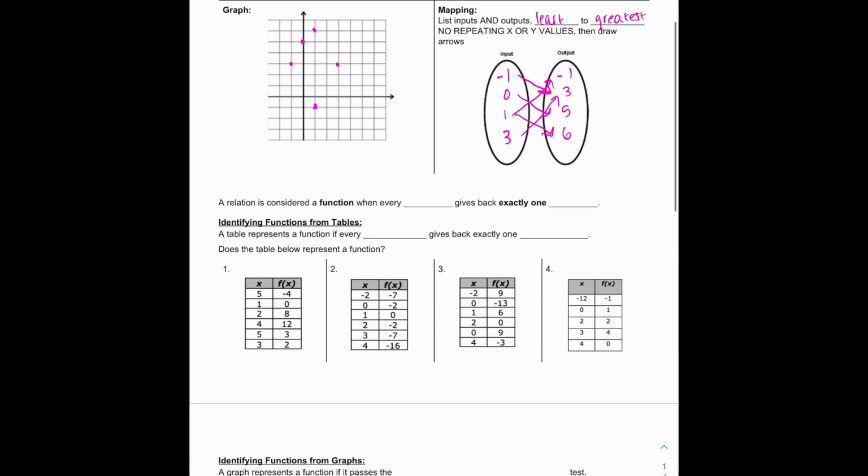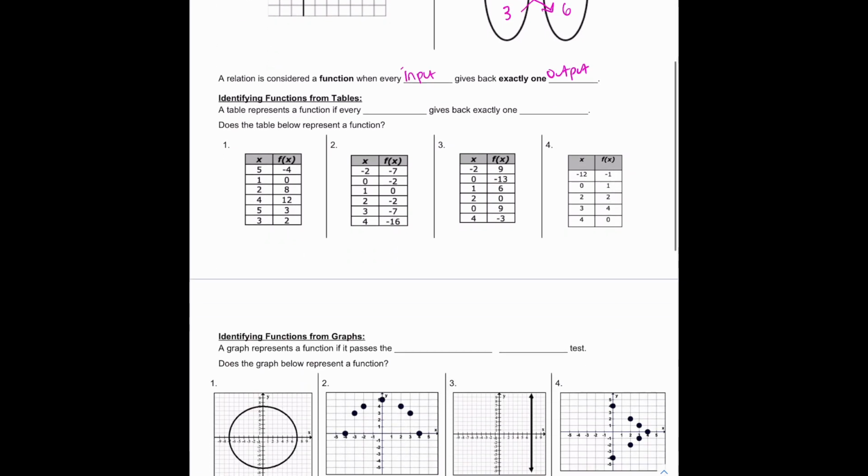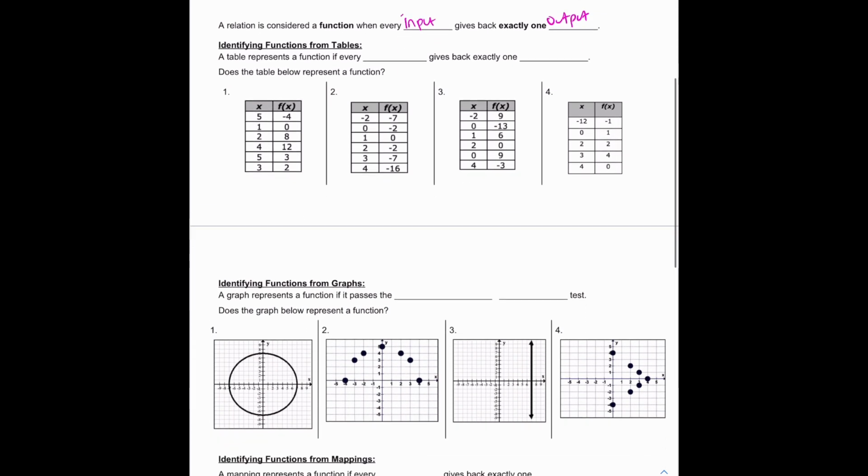Alrighty, and then here we'll talk about how a relation is considered a function when every input gives back exactly one output. So when there are no repeating x values, essentially. Let's talk about some functions.